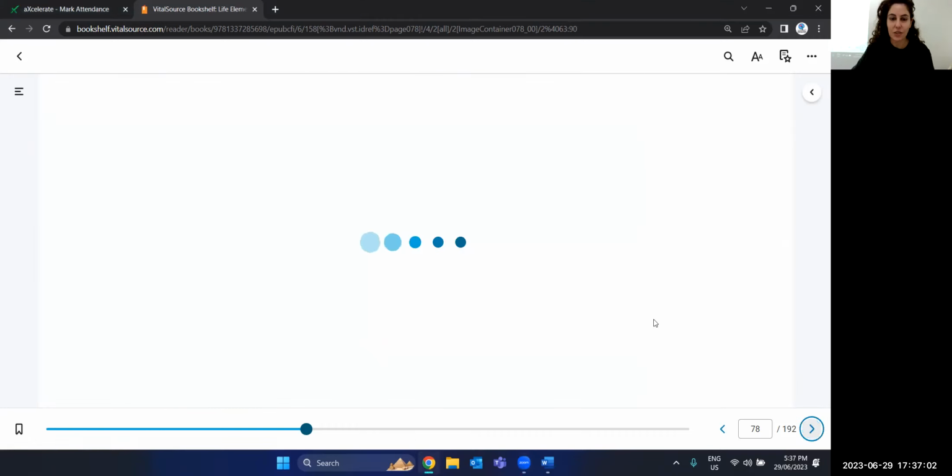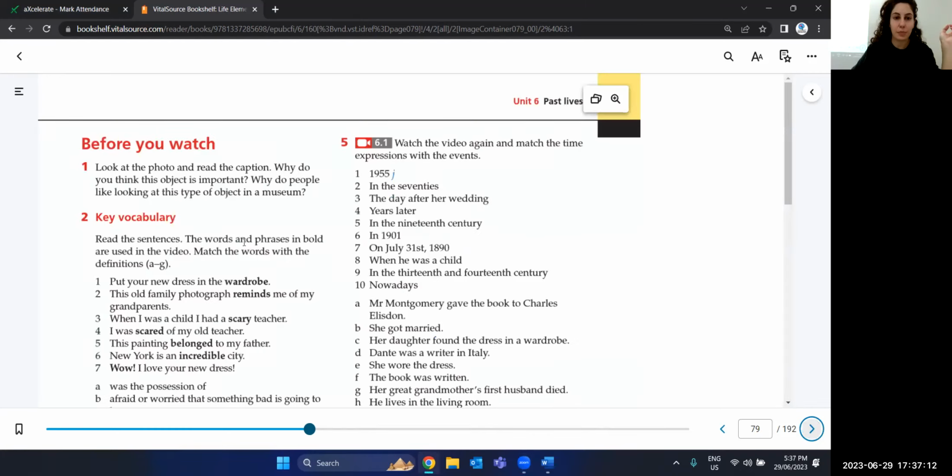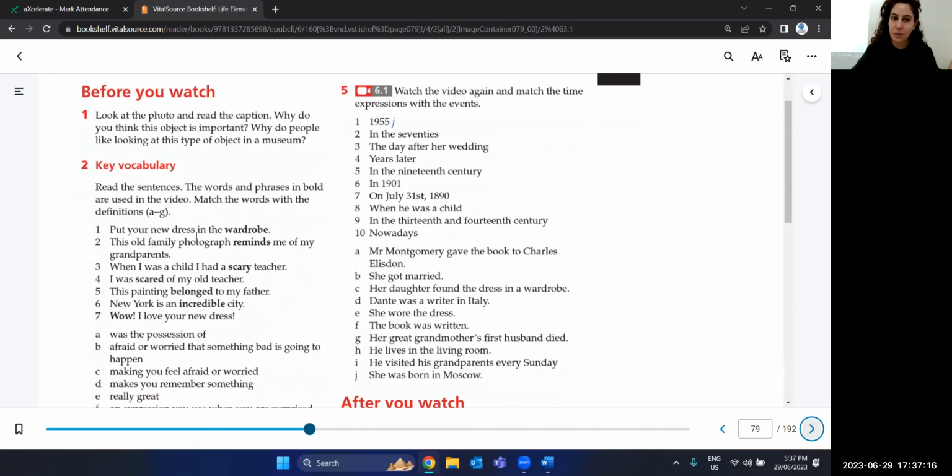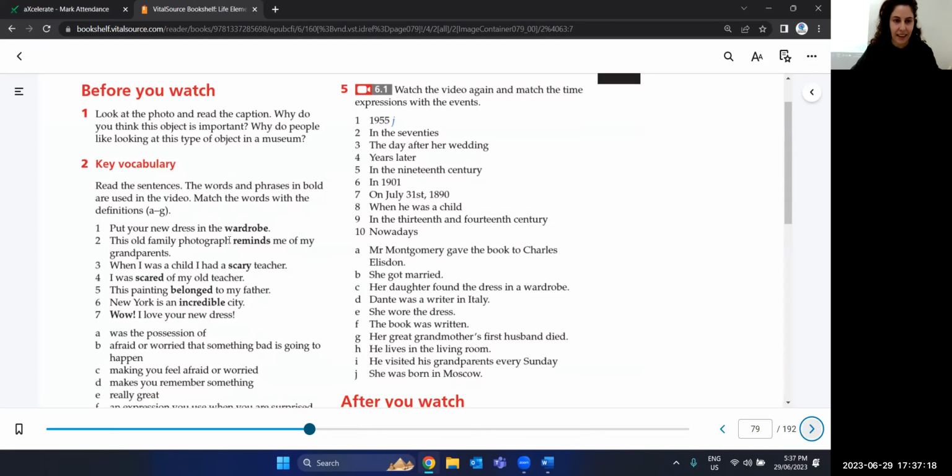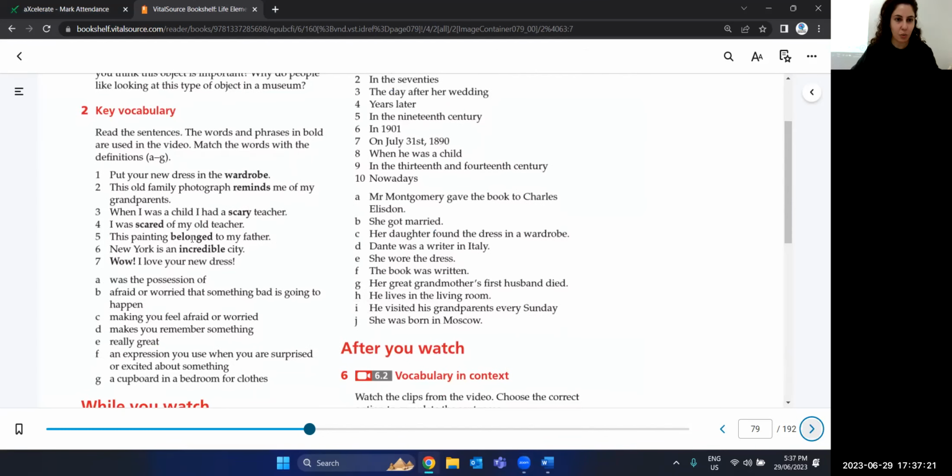Okay, let's look at some vocabulary. We have words which are in bold. Bold means like in black. But let's read them with the sentence and see from A to G which one is the meaning, the definition of that word.